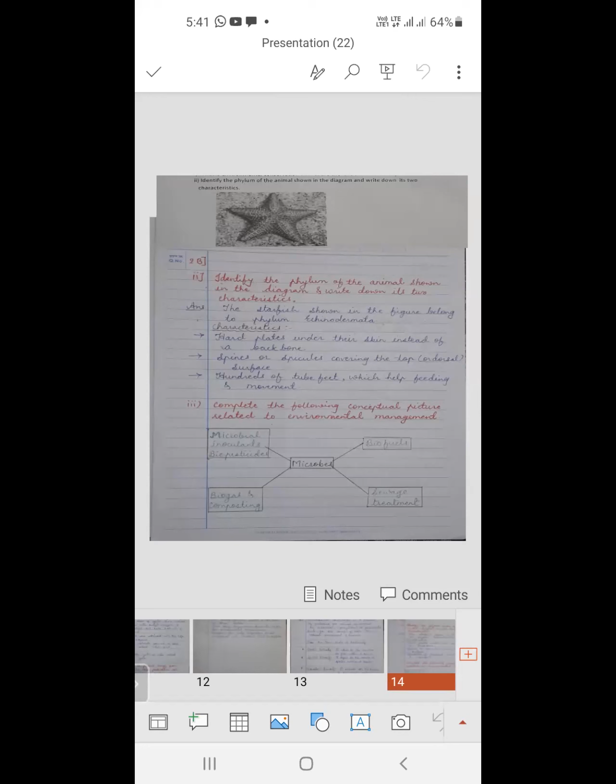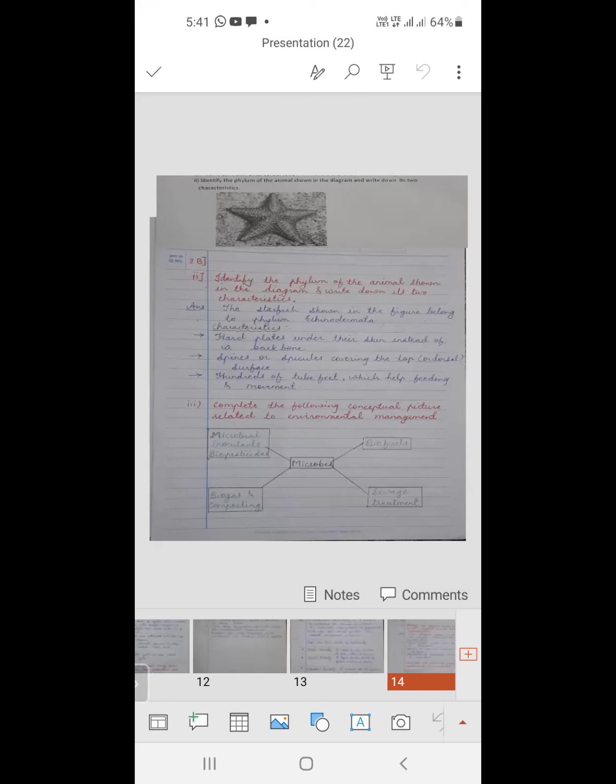In the first box, you have to write microbial inoculants, biopesticides. In the second box, you have to write biofuels. In the third, you have to write biogas and composting. And in the fourth one, you have to write sewage treatment. In this way, you can complete this conceptual picture.